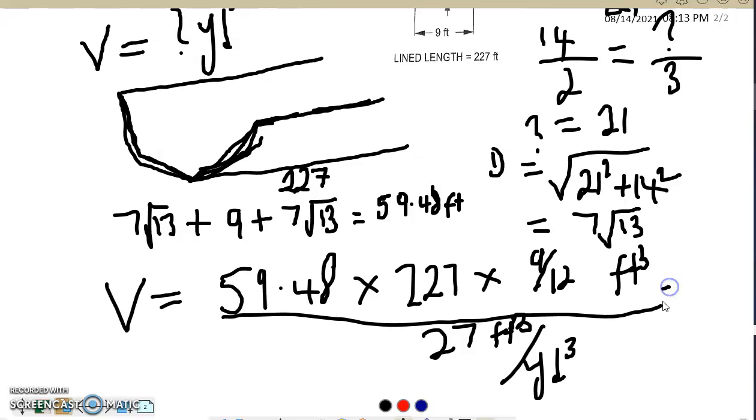Let me do it quick on my calculator to make sure we are on the same page: times 227 times 7 divided by 12, and take that divided by 27.